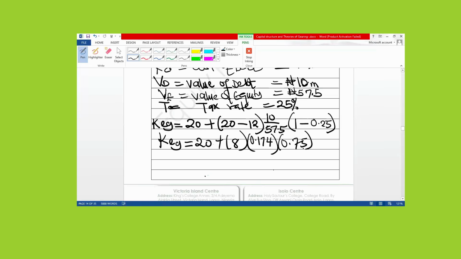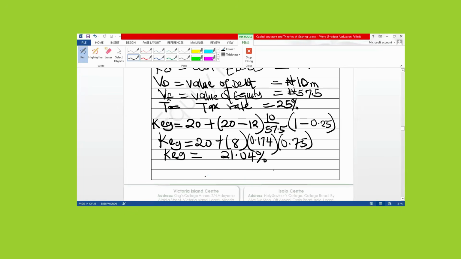Multiply 0.75 multiplied by 0.174 multiplied by 8 plus 20. What do you have? Yes, what do you have? 21.04%.